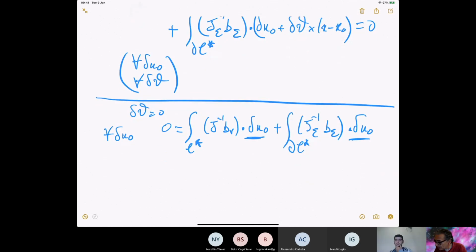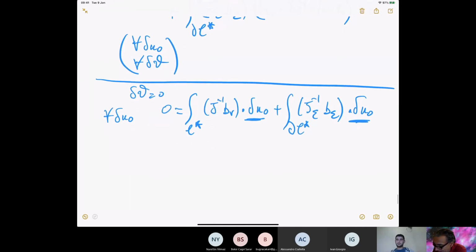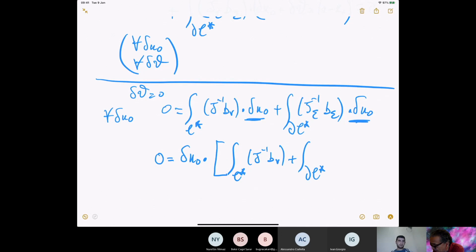This delta U0 is constant, so it is all the same for every material point. So I get 0 equal delta U0 inner product integral over C star of J minus 1 b dv plus integral over the boundary of C star J minus 1 sigma b sigma.